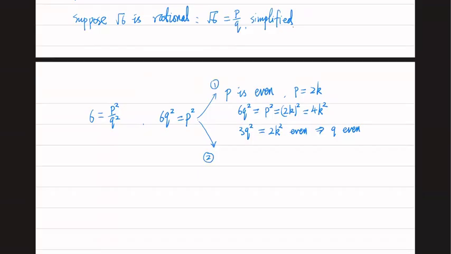The second proof: this side is divisible by 3, so this is also divisible by 3. So it's divisible by P. Okay, so this means divisible.